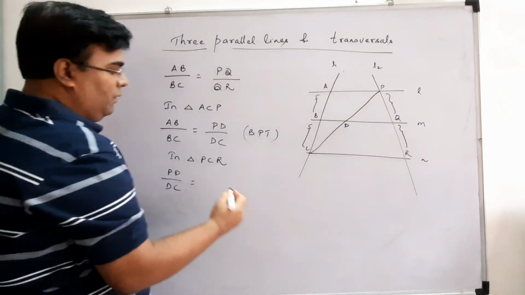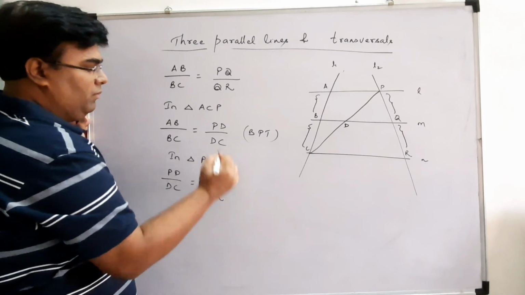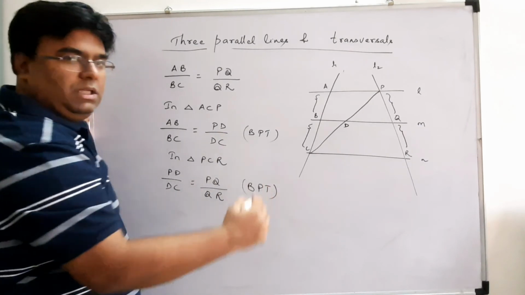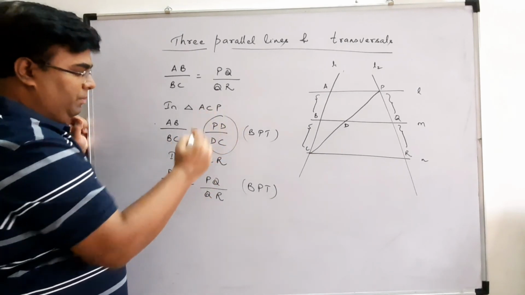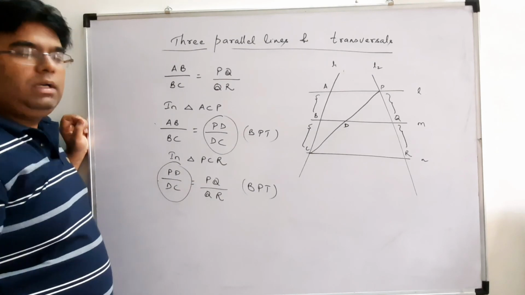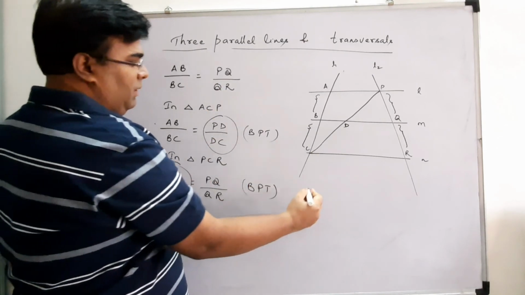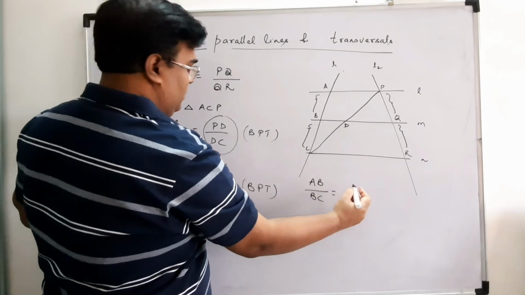PQ upon QR. Again, the logic is what? BPT. From these two, both are equal to PD upon DC. So we can say this is equal to this, hence AB by BC is equal to PQ by QR.